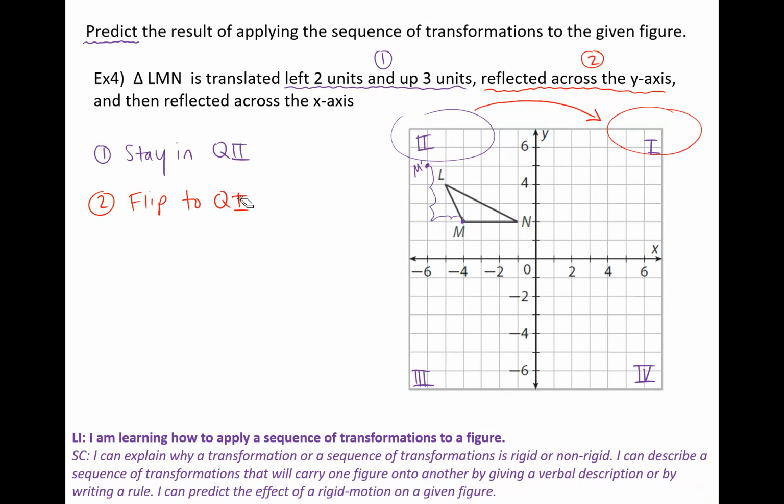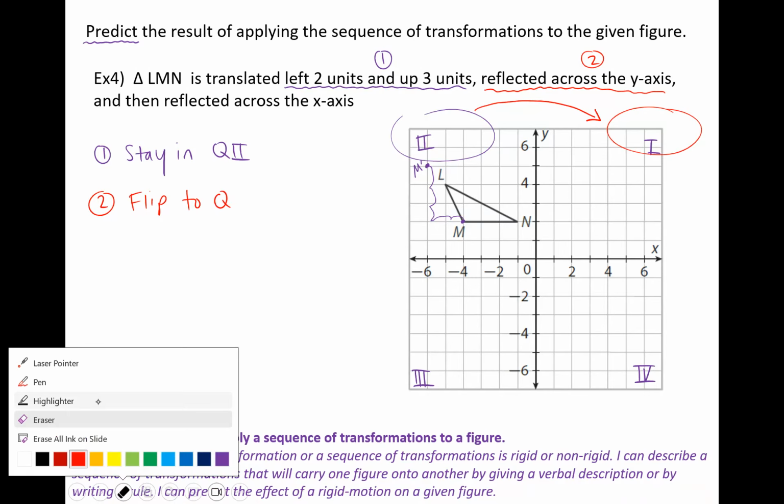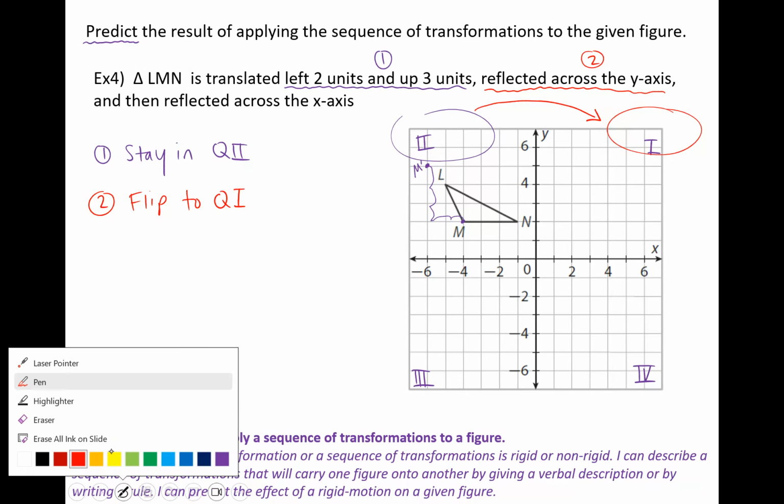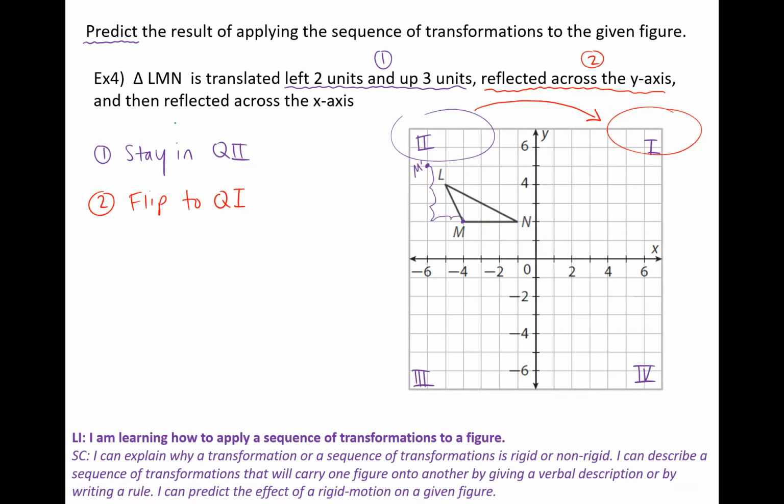And then let's see what our last transformation is. I'm going to switch to green. The last one is reflected across the x-axis. So this is our third transformation. I'm going to take where I left off over here in quadrant 1, and now I'm flipping across the x-axis, which means I'm going to end up flipping to quadrant 4 somewhere in this vicinity.